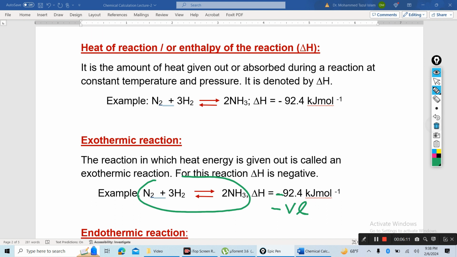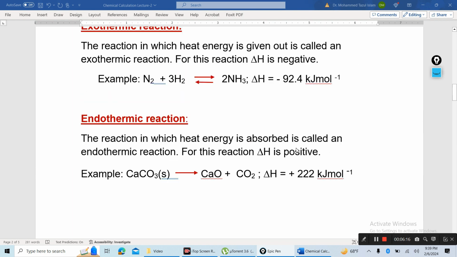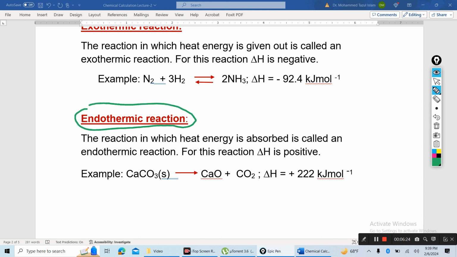Now you know what is endothermic reaction. The reaction in which heat energy is absorbed or taken in is called an endothermic reaction.